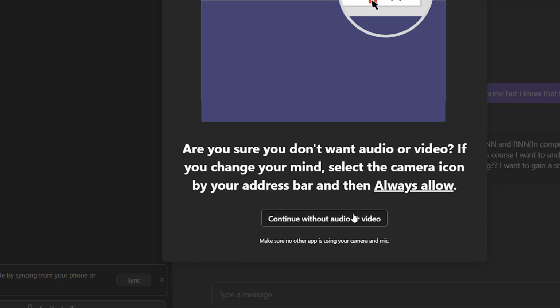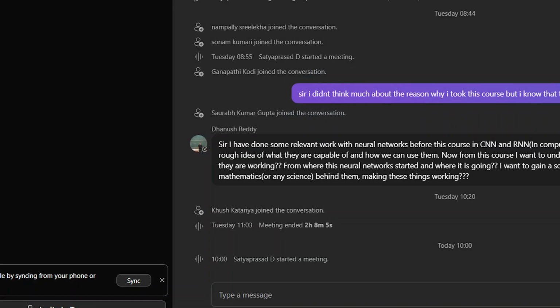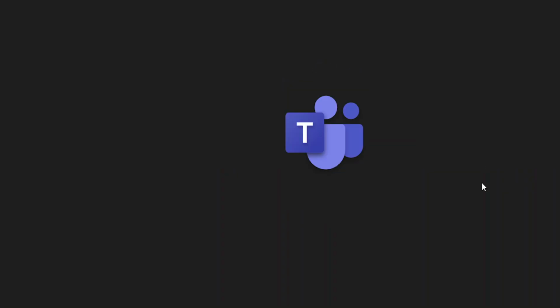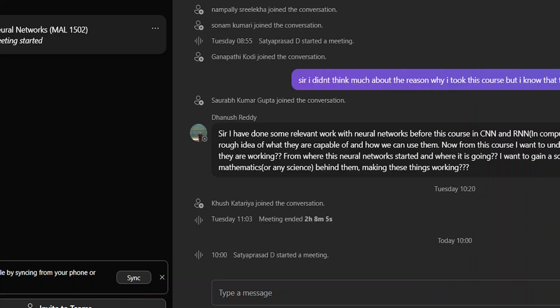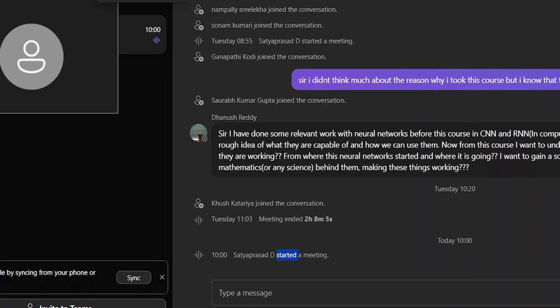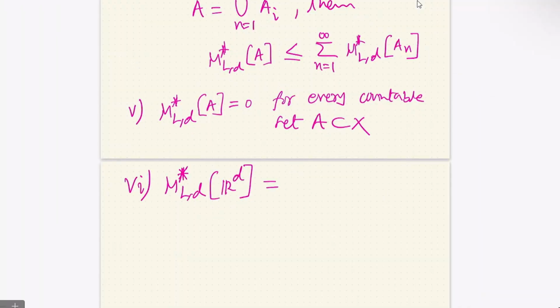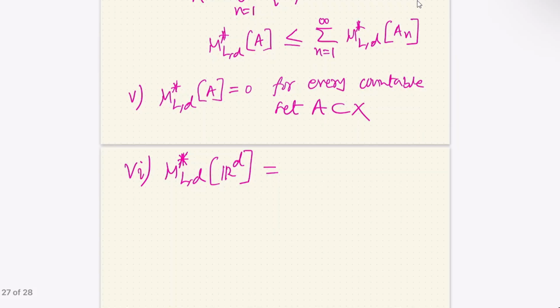Now, mu star Lebesgue of R^d for any d. Can you keep boxes on top of R^d, sum them up, and take the minimum of it?